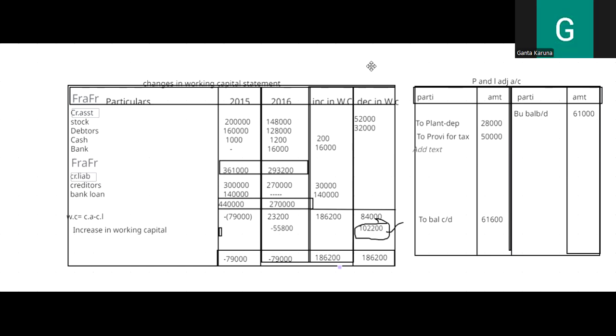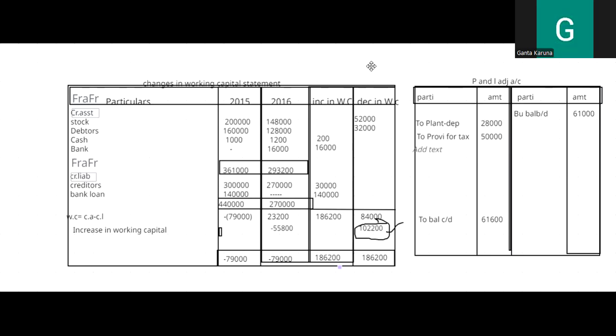How much did he give us? 40,000. So 40,000 dividend, I'm going to take it up. So that is done. Then do I have any other adjustments which I'm supposed to take? I don't find anything, so simply I can close this one.